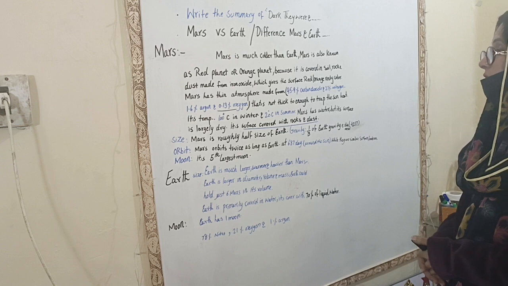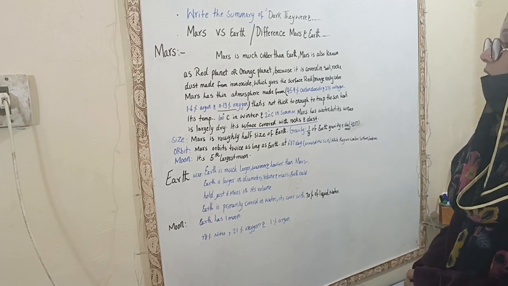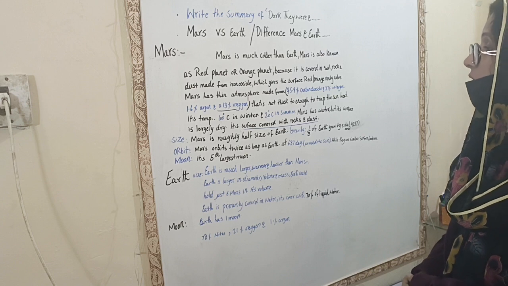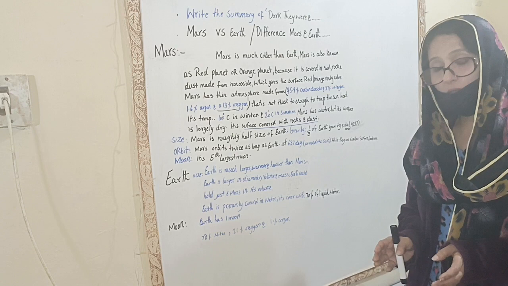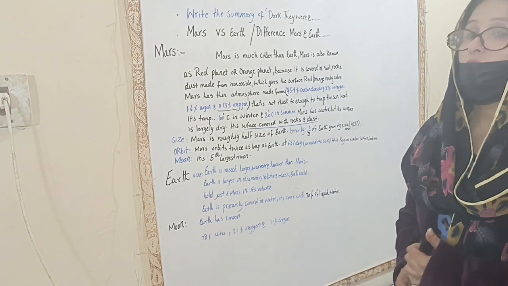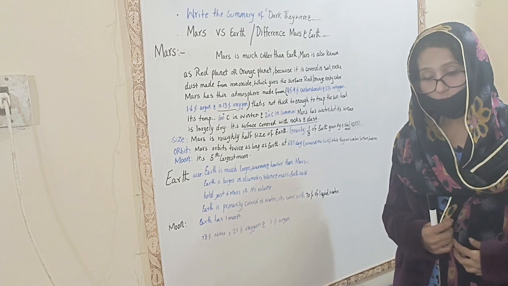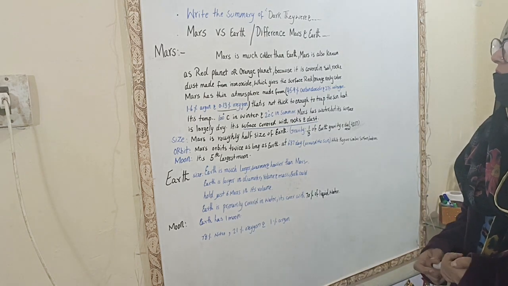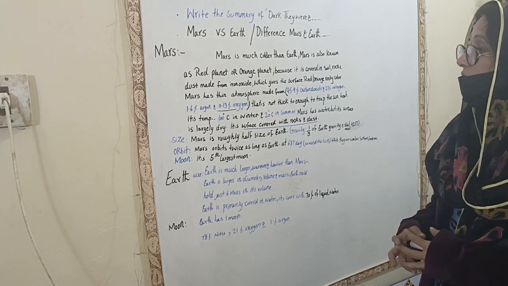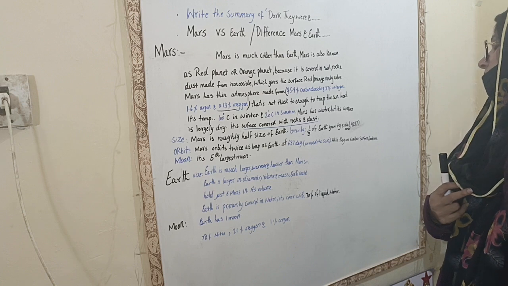That is not thick enough to trap the sun's heat, and its temperature is minus 100 degrees C in winter and 20 degrees Fahrenheit in summer. And recently its temperature surged to minus 80 degrees C in winter.